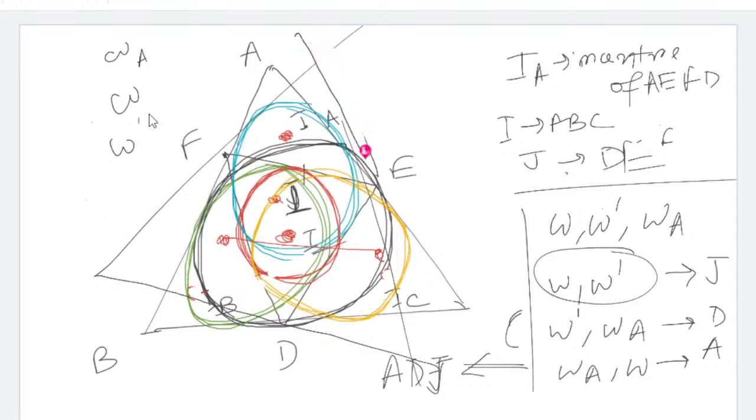Now this new triangle will have an incircle twice that of DEF, right? Yeah. Now what if this has the same incircle as the one of ABC?